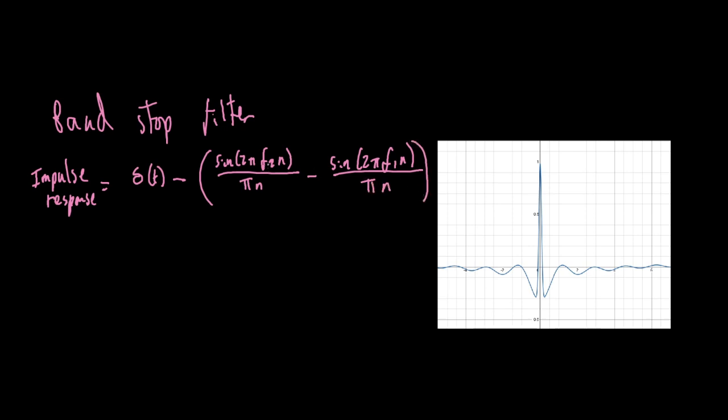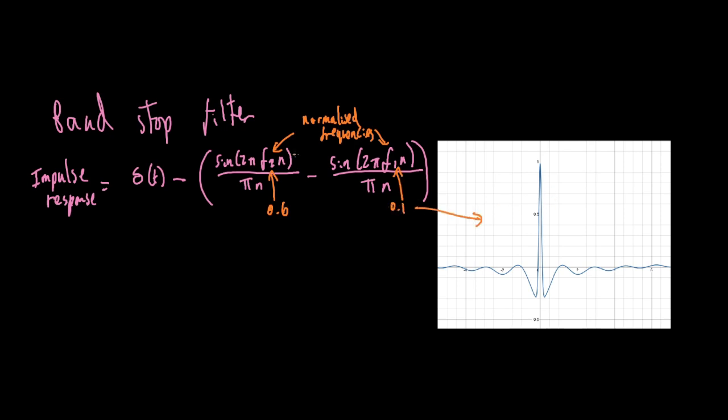So remember, f2 and f1 are normalized frequencies. So let me just make sure that's written down. Normalized frequencies. And for an f2 value of 0.6 and an f1 value of 0.1, this graph is given.